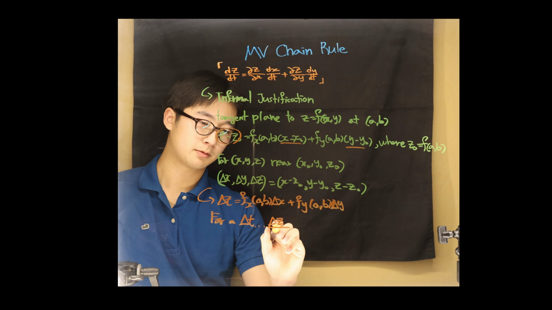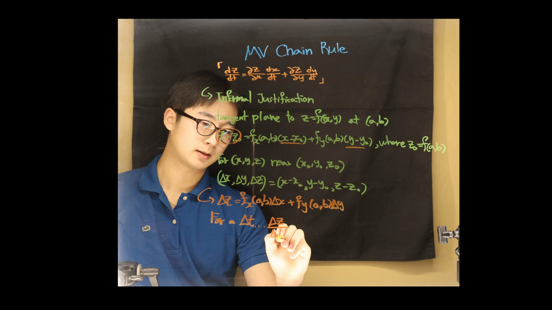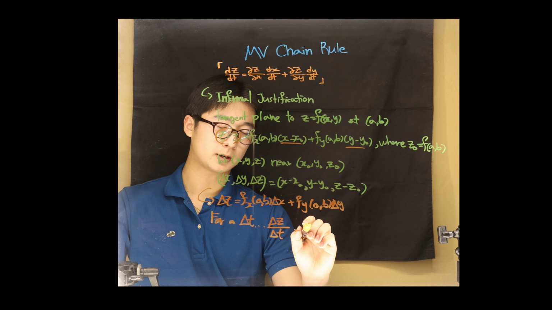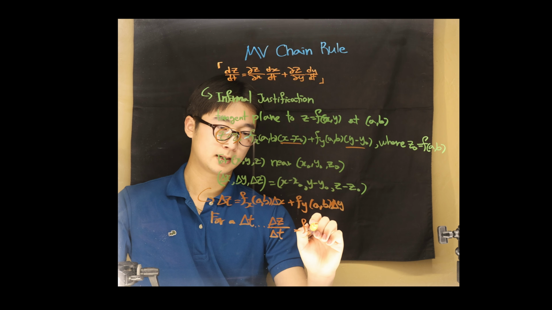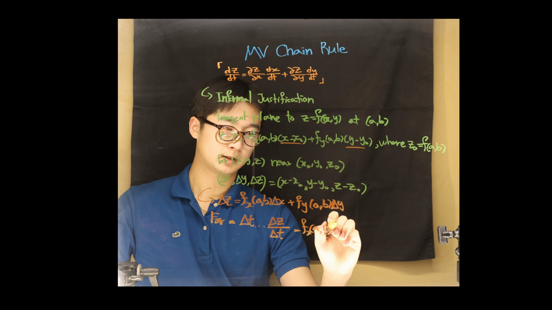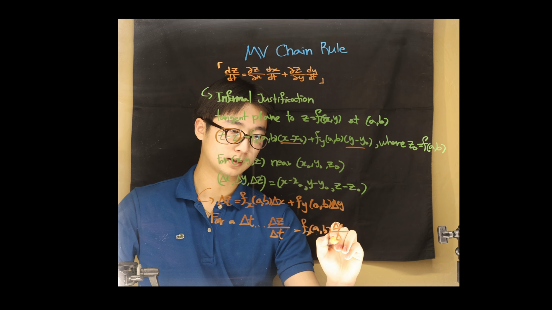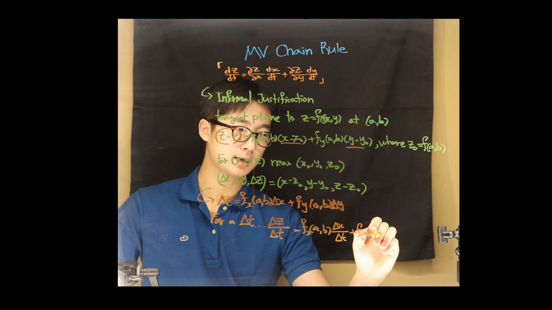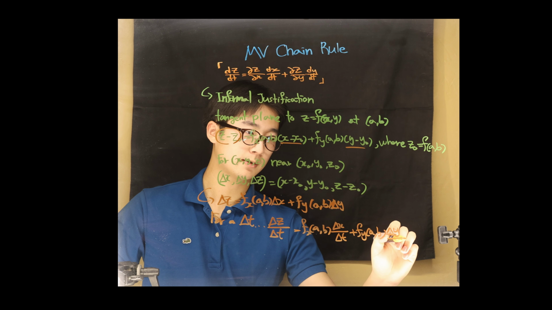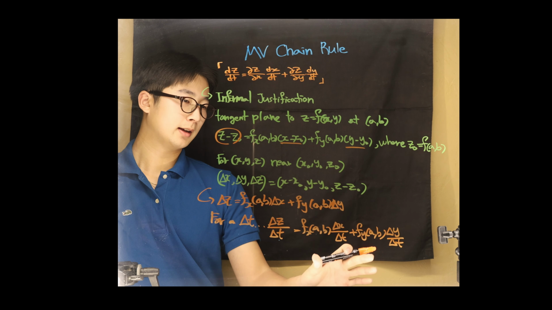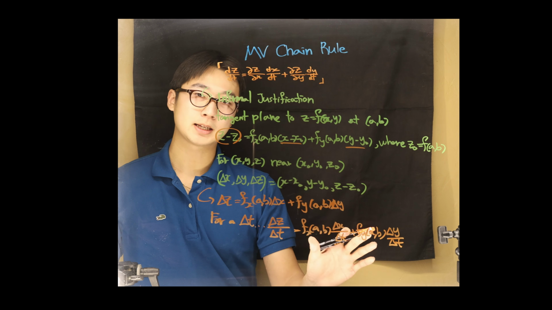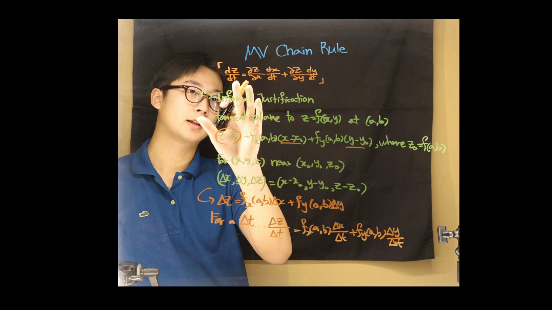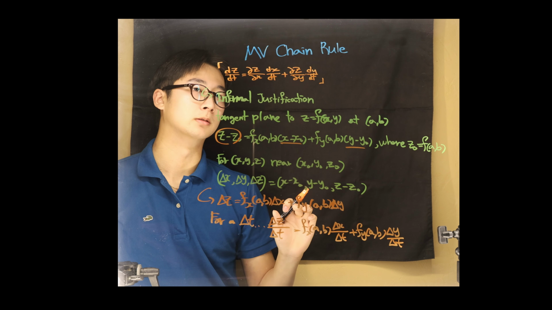Delta z with respect to delta t, and that's just equal to the same for partials times delta x over delta t plus partial y of AB times delta y over delta t. We are almost there. Now you see how similar this is to the actual formula of the chain rule.